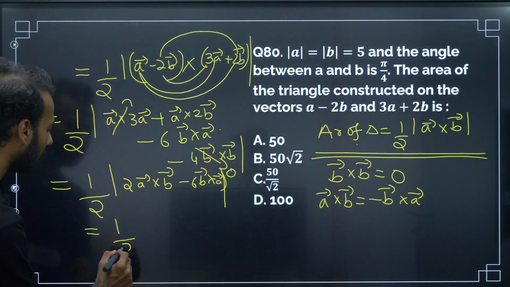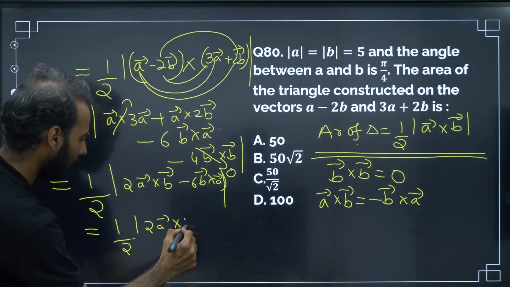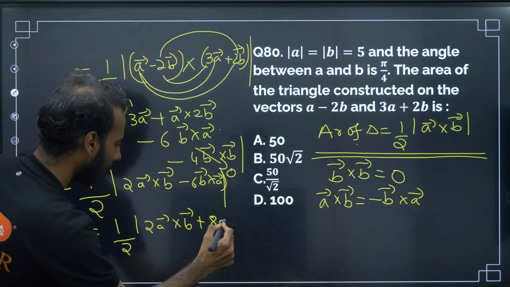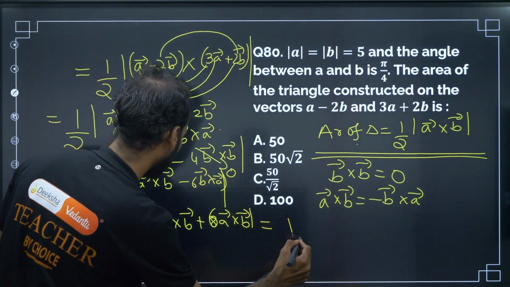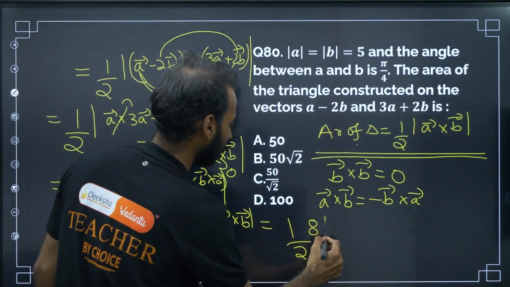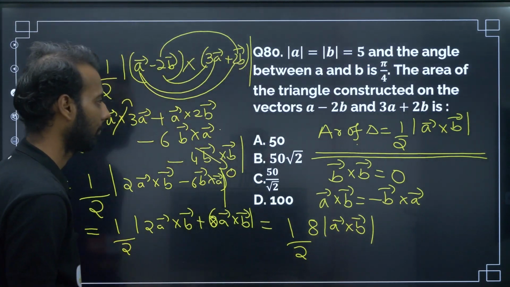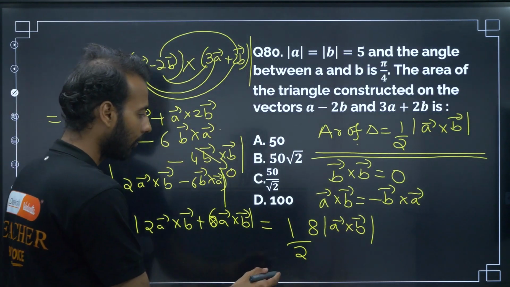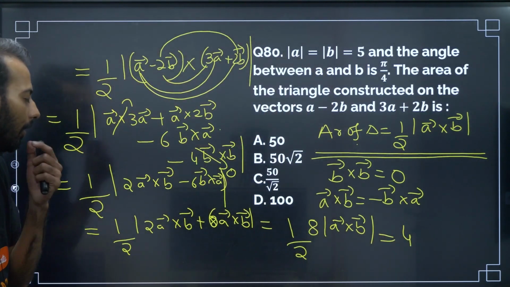So I will replace that with positive 2a cross b, positive 6a cross b. Further simplification is left 8a cross b. For 8 by 2, we write this as 4 a cross b.